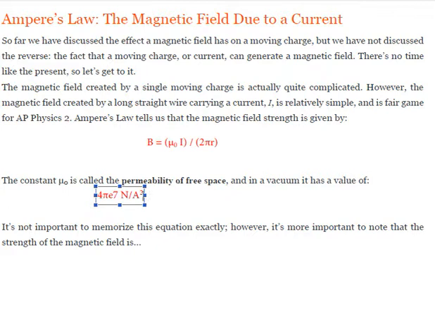A basic way to understand this constant is how much resistance there is going to be to create these fields and forces in whatever kind of environment you're in. So here in a vacuum, it should be the easiest. So it just tells us how hard it's going to be to create this field, I guess.